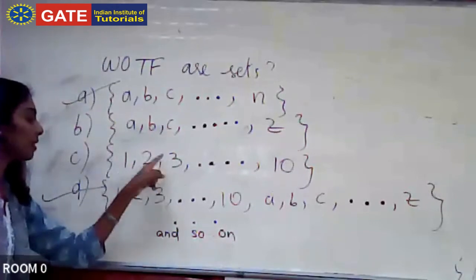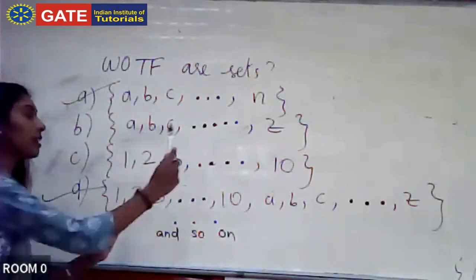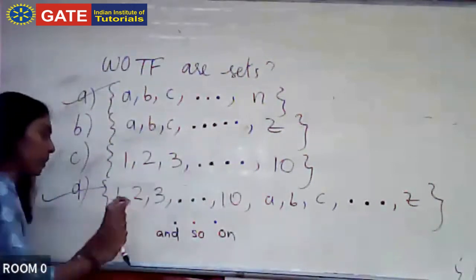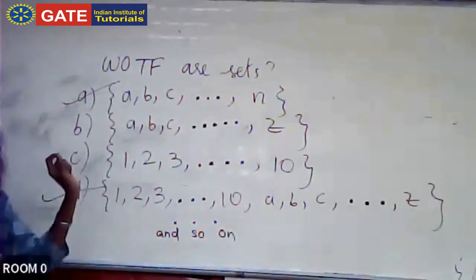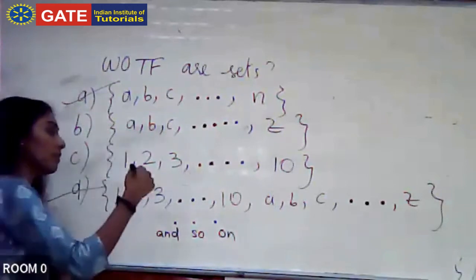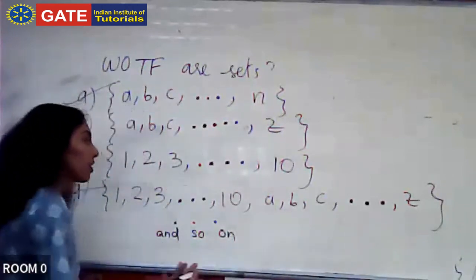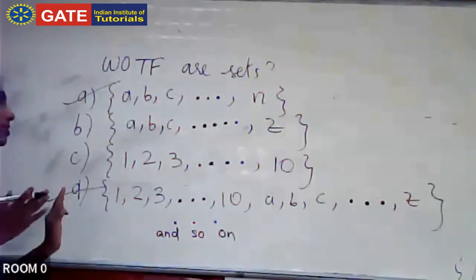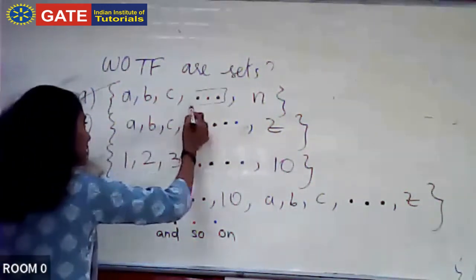Like 1, 2, 3, and so on till 10. So every time it should be only 3 dots. But when we write, we just put as many dots as we like. In a standard way, you see only 3 dots.